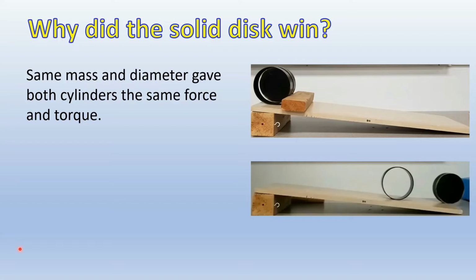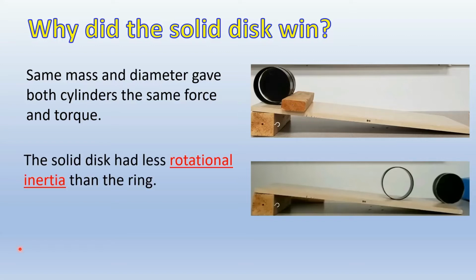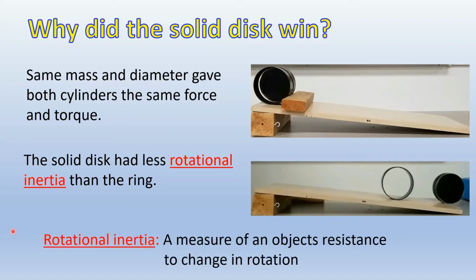Well, the missing piece to this question is a concept known as rotational inertia. The solid disk had less rotational inertia than the ring. If you're not familiar with the concept of rotational inertia, don't worry about it. We'll discuss it later in the semester. Here's a preview. Rotational inertia is a measure of an object's resistance to change in rotation. So maybe I could say it another way.